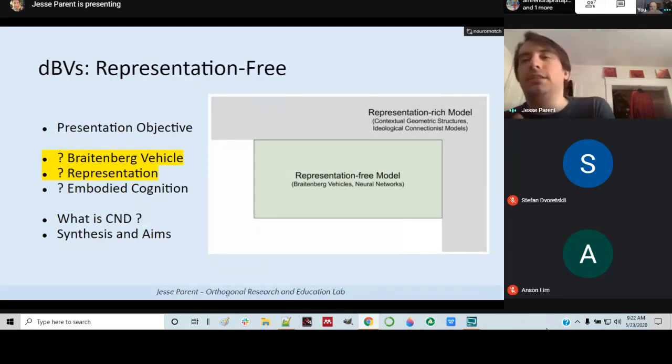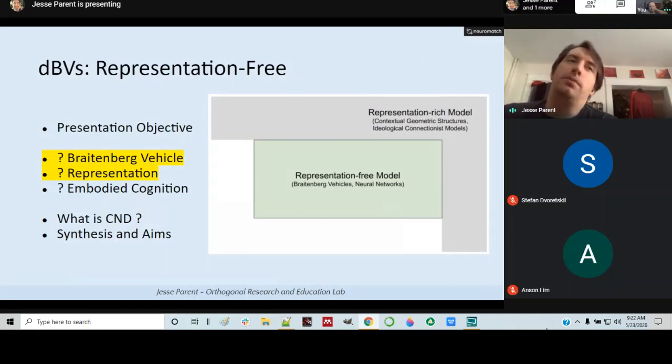And again, going back to this, the Braitenberg vehicles fall into the category of representation-free. And I would say here why this is important is because it's important to consider how much representation is necessary for certain kinds of behavior, like basic toy models that original Braitenberg vehicles were, and even some of developmental Braitenberg vehicles.